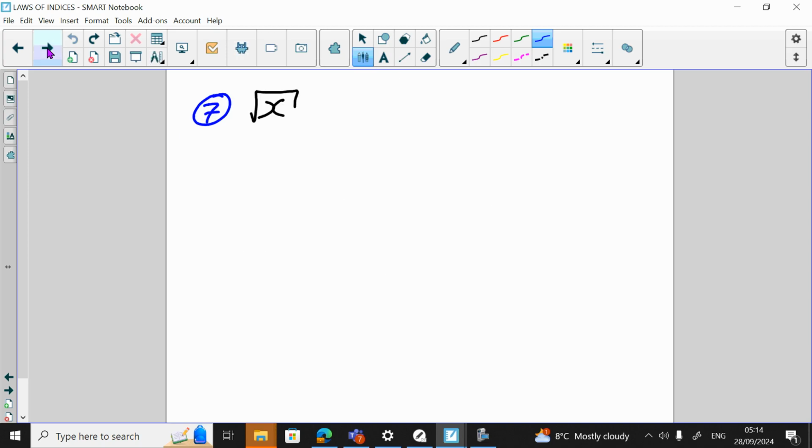Root x, this root thing, that's actually called a radical. But we call it the square root of x. There's something missing here. It's actually, instead of the square root of x, the second root of x.